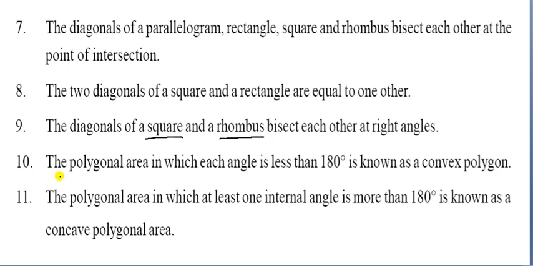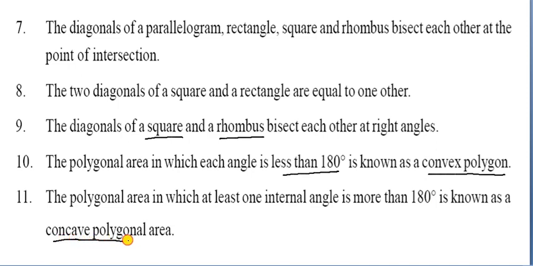Now 10th, the polygon in which each angle is less than 180 degrees is known as a convex polygon. Always remember, it is less than 180 degrees. Now come to the 11th, the polygon in which at least one internal angle is more than 180 degrees is known as a concave polygon.